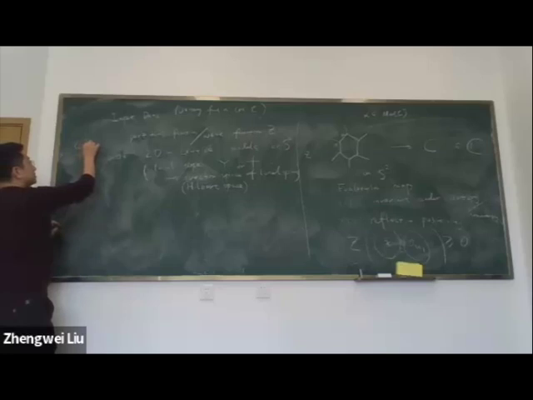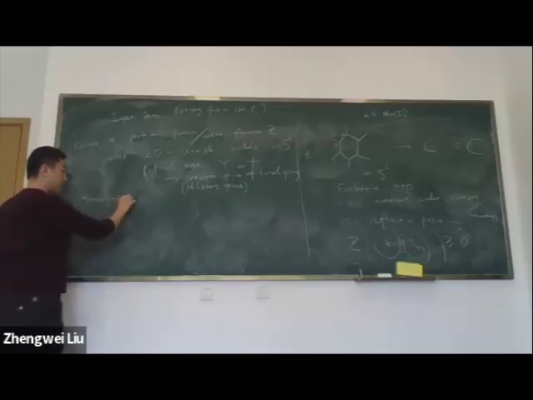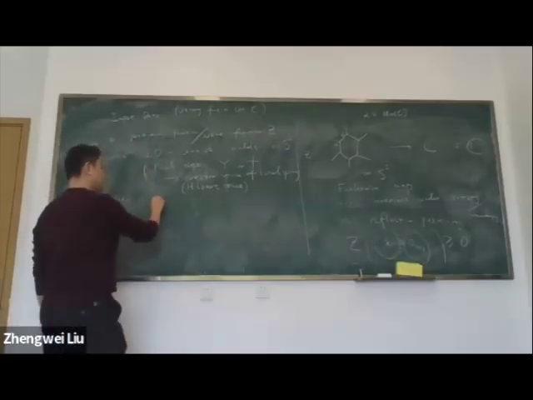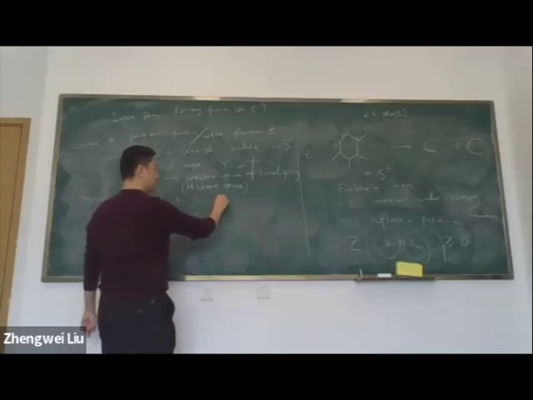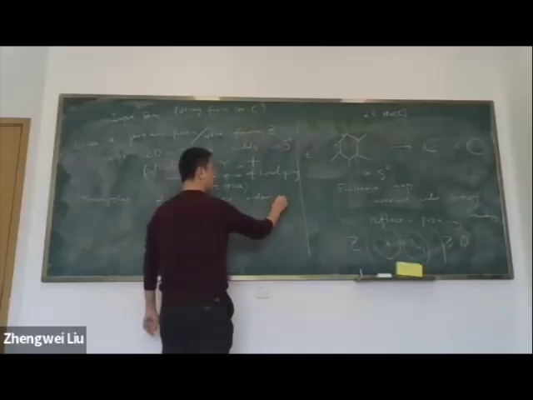Given a partition function on the sphere for all possible lattices on the sphere, such that this partition function satisfies the first condition, invariance under isotopy.